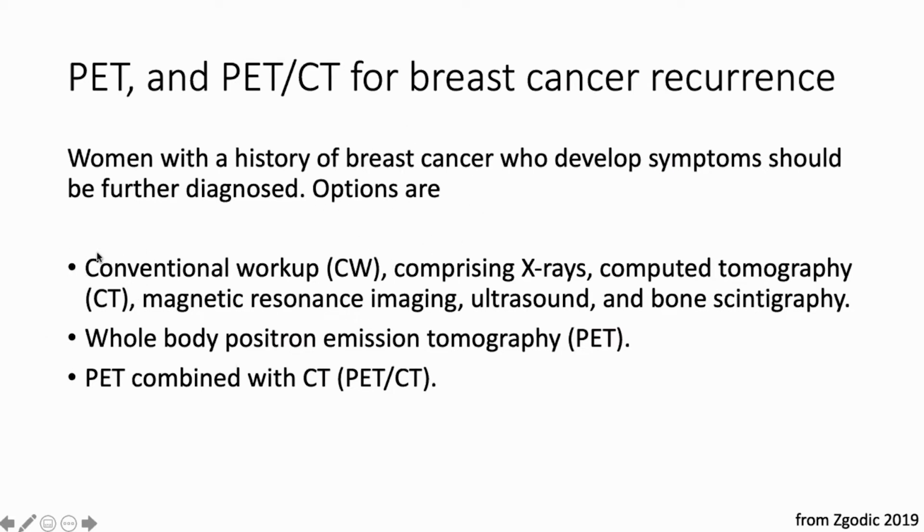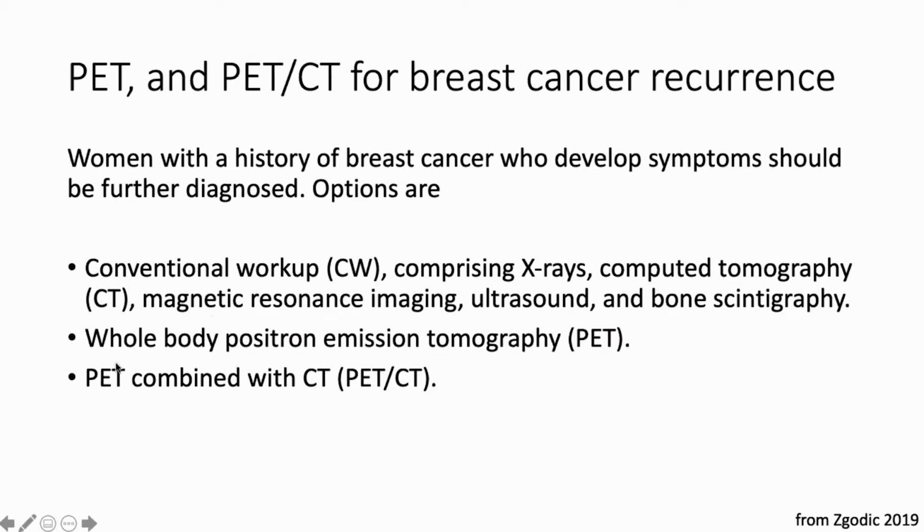Such women who develop symptoms would have to be further diagnosed, and we can consider the simplified case where they have three options: either to use a conventional workup, which, depending on the symptoms and the presenting clinical situation, may be doing X-rays or computed tomography and magnetic resonance imaging to image various tissues, ultrasound to image the liver, bone scintigraphy to see if there's metastasis in bones, and so on.